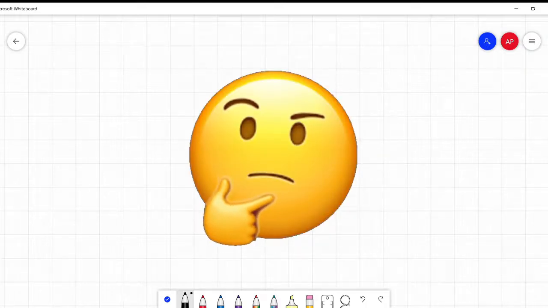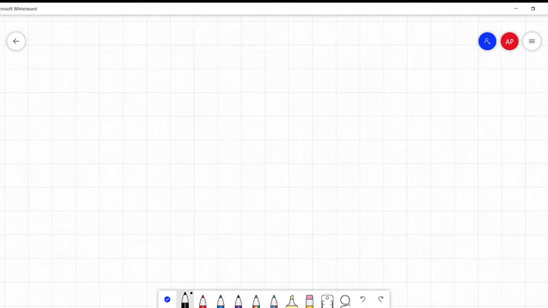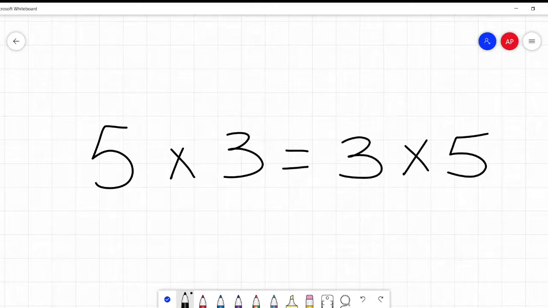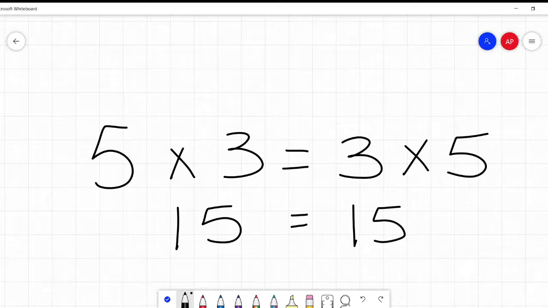So, commutative property of multiplication says that if I am multiplying two numbers, reordering them doesn't change the outcome. 5 times 3 is 15. 3 times 5 is 15. So that's commutative.